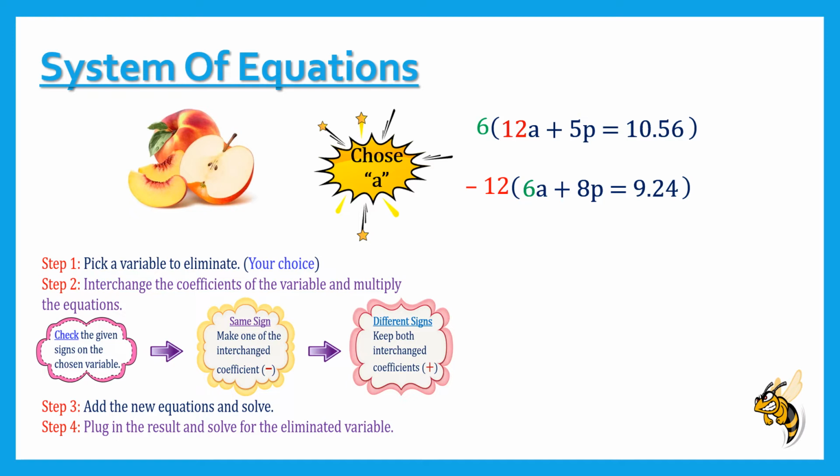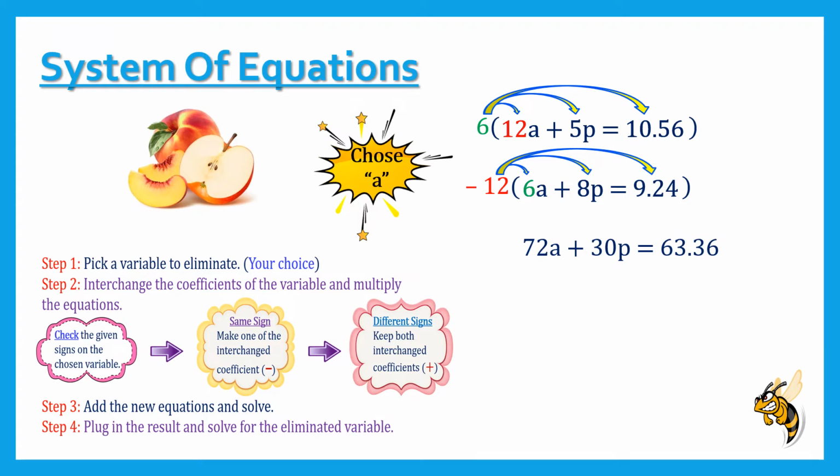I'm going to therefore distribute the 6 to everything inside the parentheses. And it's going to be 72a plus 30p equals 63.36. I'm going to distribute the negative 12 to everything inside the parentheses.